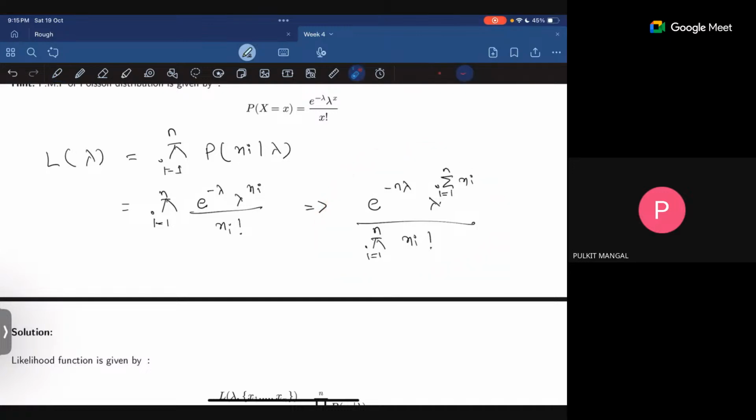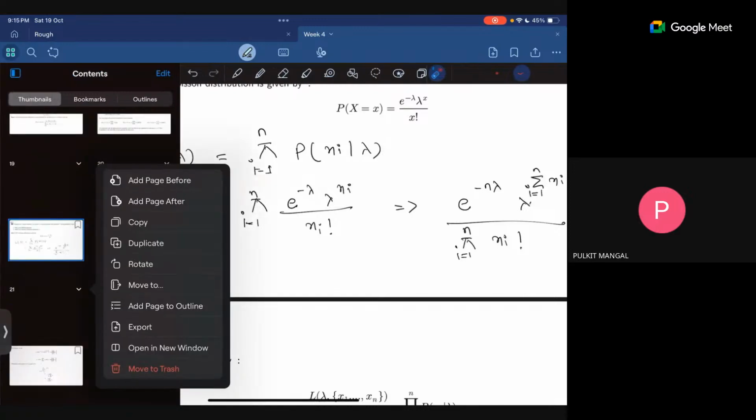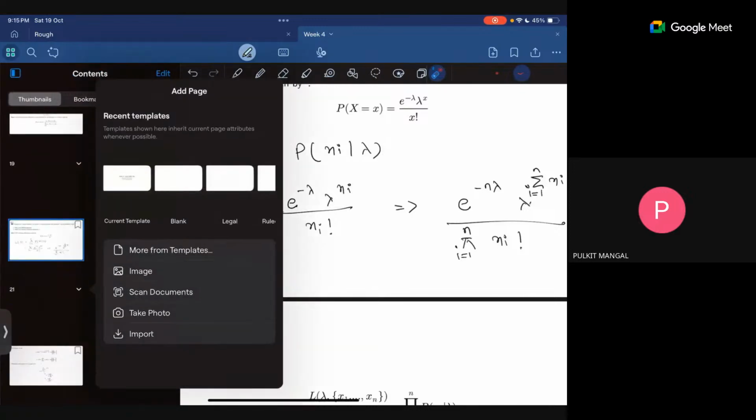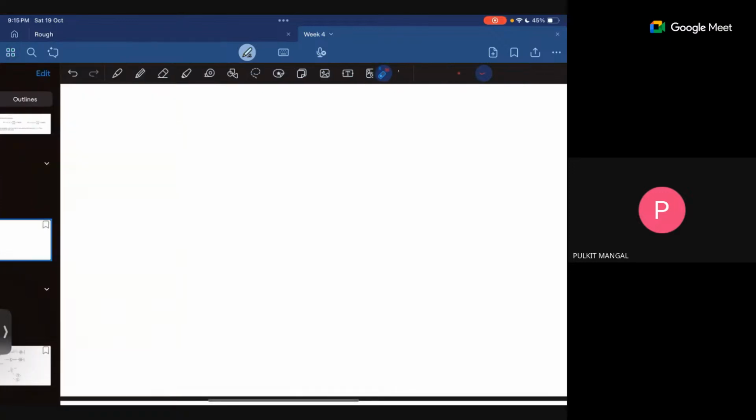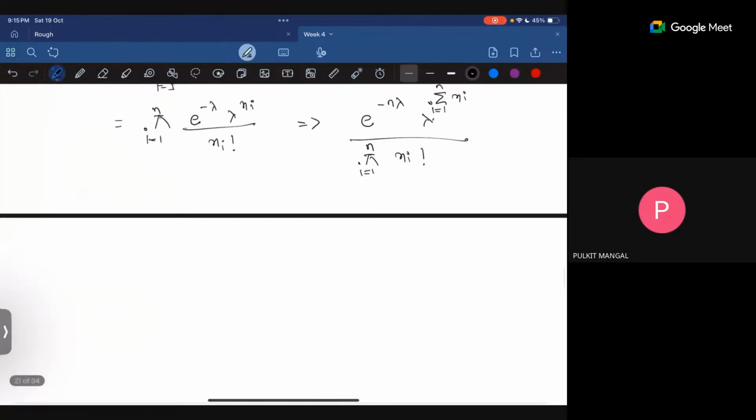Does anybody have any doubt in this likelihood function? No, sir. Okay, good. Next step is we will take the log likelihood, so we will take the natural log.